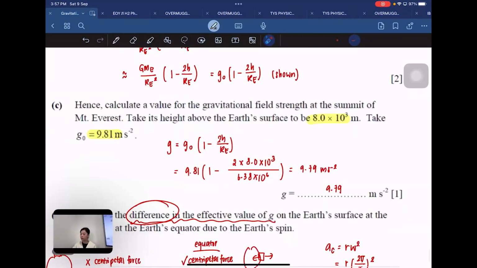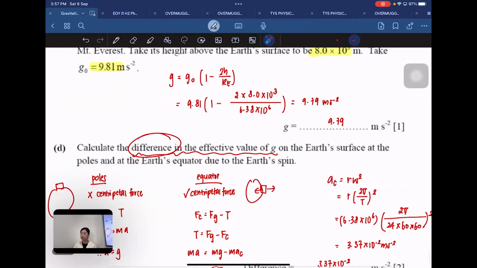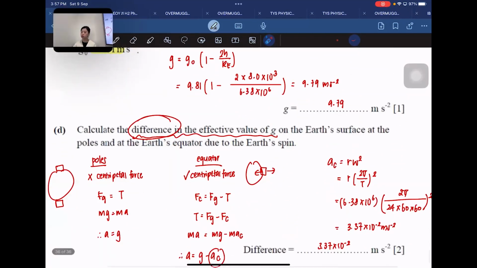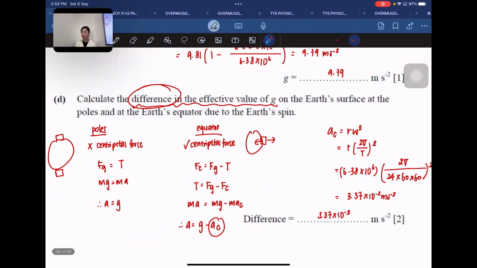Now, the very last part, calculate the difference in effective value of g at the equator and at the pole. So, if you guys understood earlier on what we went through in the concept map, you would have seen that the difference in gravitational field strength at the pole versus at the equator is because of the presence of a centripetal force. So, if we were to calculate the acceleration at the pole, it is acceleration due to free fall.